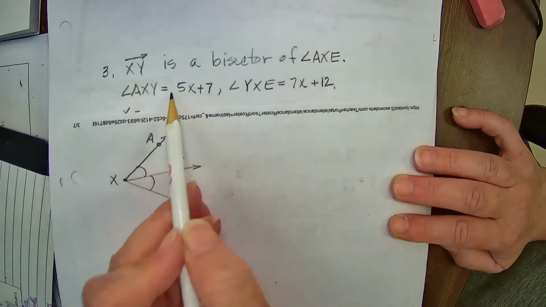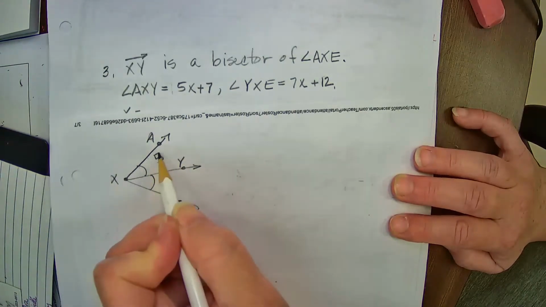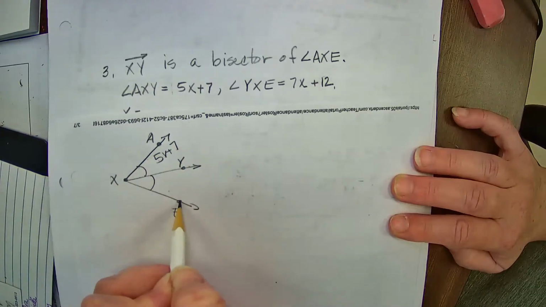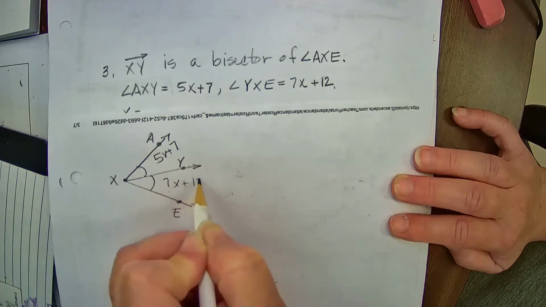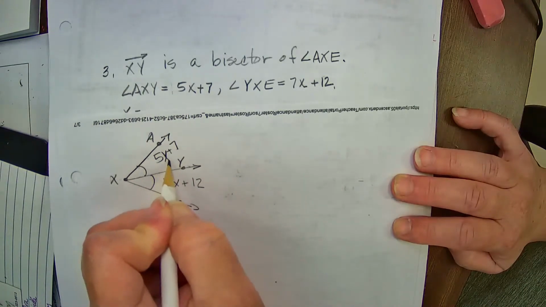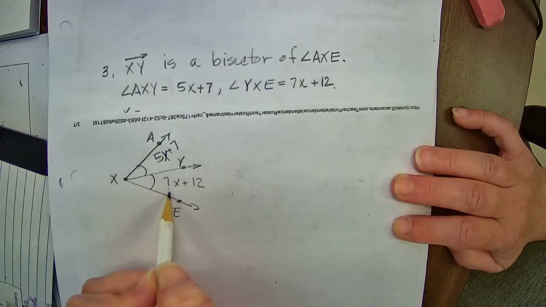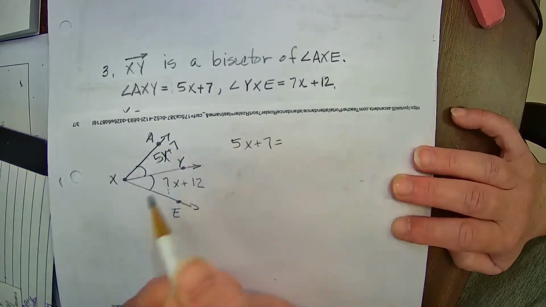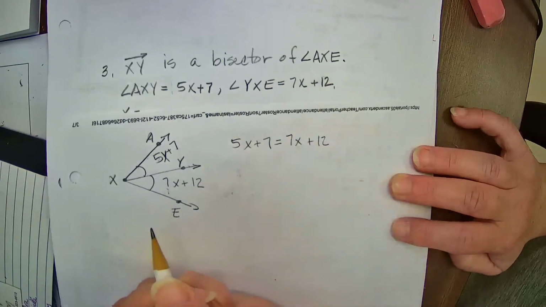All right. So AXY, follow the letters. AXY. So this one right here is 5x plus 7. And YXE, this one right here, is 7x plus 12. Now, so what can I do with these two angles? Equal them. Good. 5x plus 7 equals 7x plus 12.